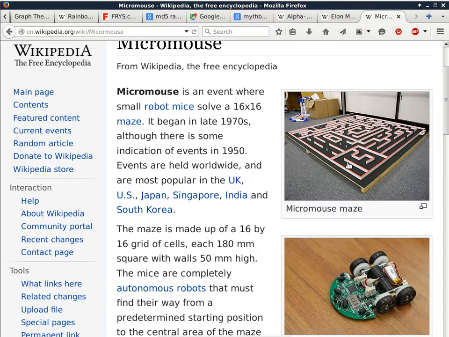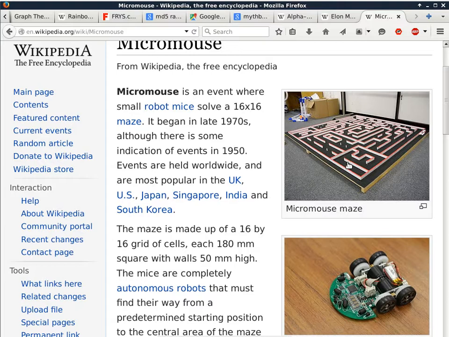For some CSUs and UCs, this is one of the classes that students have to take in the 5th year as an electrical engineer or a computer engineer, where they will have to construct a robot, kind of like the one on the screen here. This is not typical. This one is actually a lot more refined compared to the typical robot.